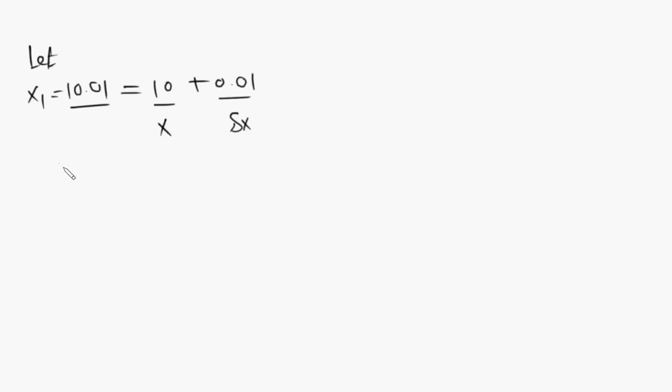Now I go back. What does he want me to find? He wants me to find y1, which is just x1 squared. I know y equals x squared, and I said x is 10. I know that 10 squared is just equal to 100.